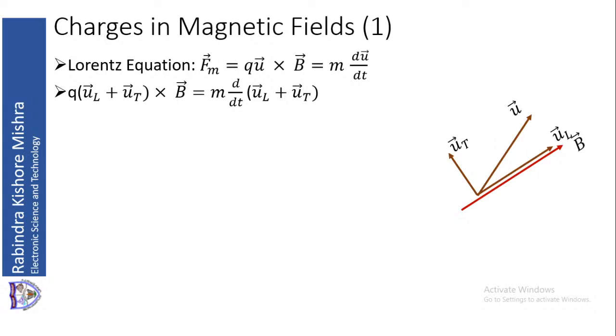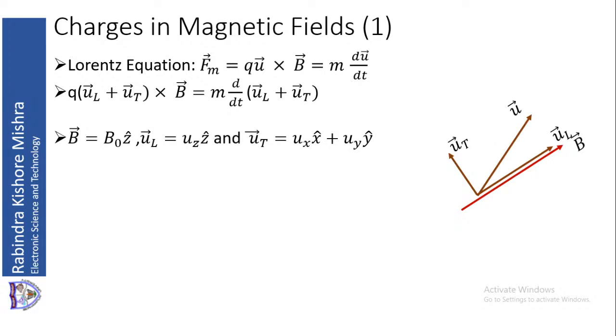As we saw, the velocity is not along B, so we have decomposed it into two components, ul, the longitudinal component parallel to the magnetic field, and ut, the transverse component perpendicular to the magnetic field.